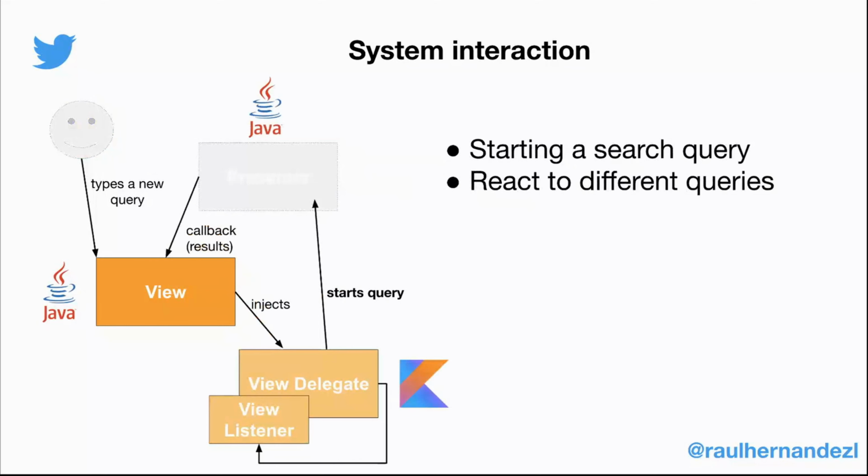And basically, the system interaction is quite simple. We start a search for a query, and then we react to different queries. I extracted anything that is related to the logic for the view, and I created this new view delegate that is going to have this particular stuff.